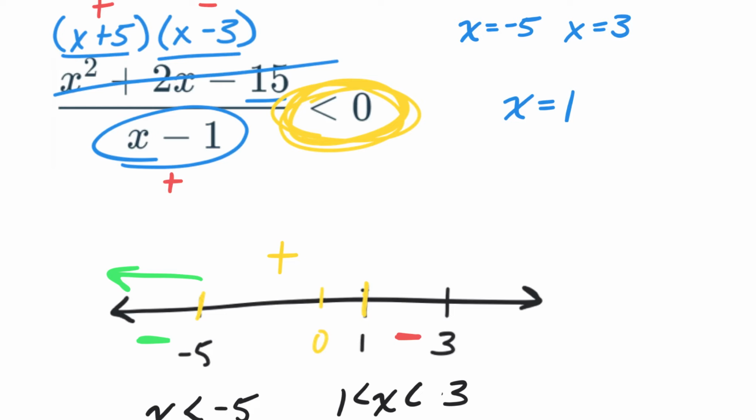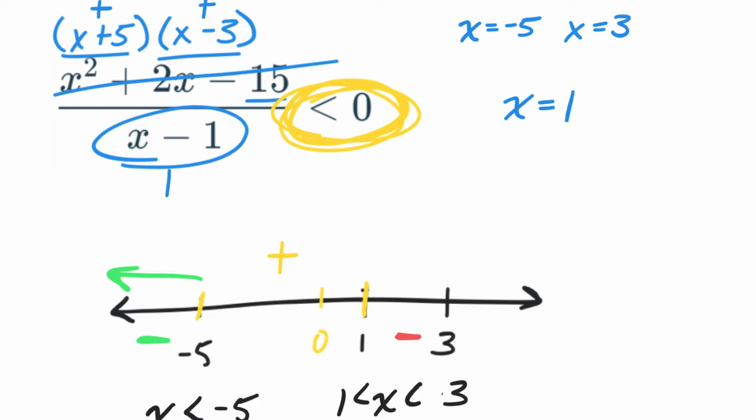Now we've got to just test the last one, which would be a value greater than 3. So let's do this in blue, even though we already have a blue. Well, let's plug in the number 5. Why not? 5 plus 5 is 10, so that goes there, positive. 5 plus 3 is also positive.